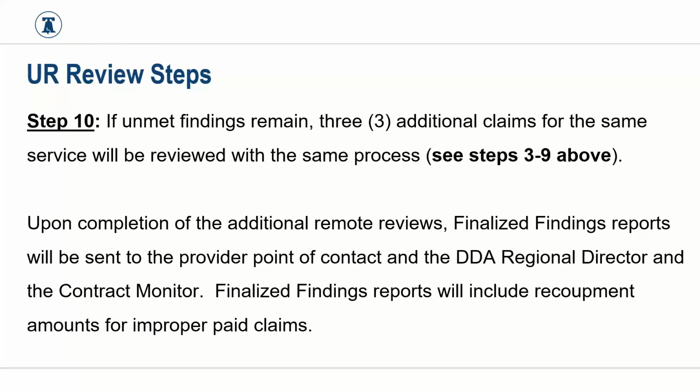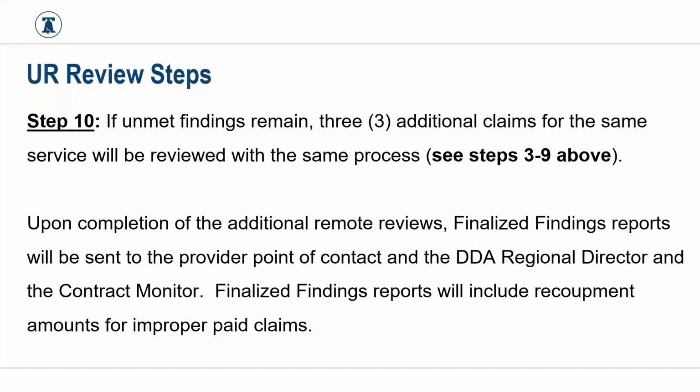So after we've finalized that first claim, if there are any remaining unmet findings in that finalized report, before we send it out, we look if there are still unmet findings. We will pull 3 additional claims for the same service to be reviewed for that provider.